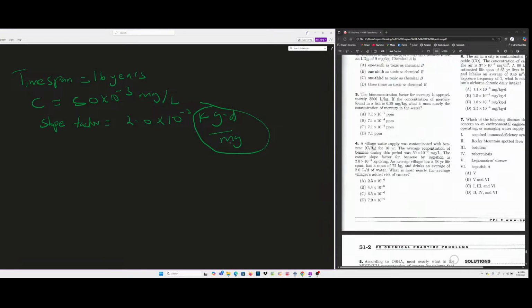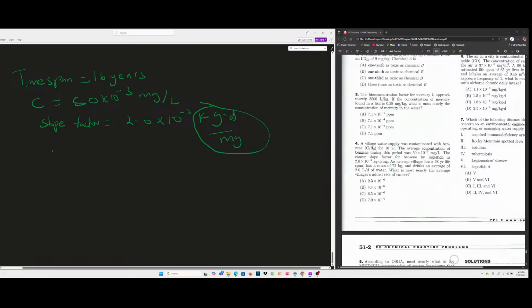This is very important, because when we're solving this, we have to make sure the CDI is the inverse of the CSF, which cancels. I'm going to talk about this more as we go in.